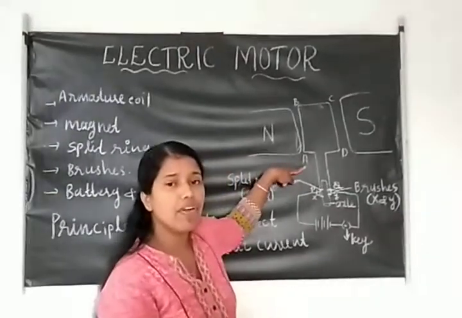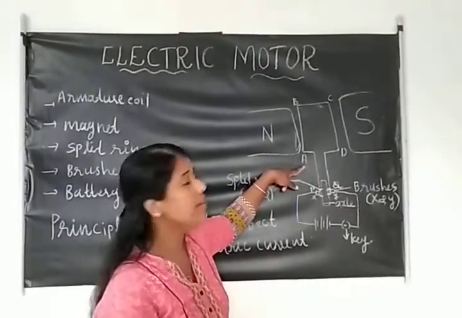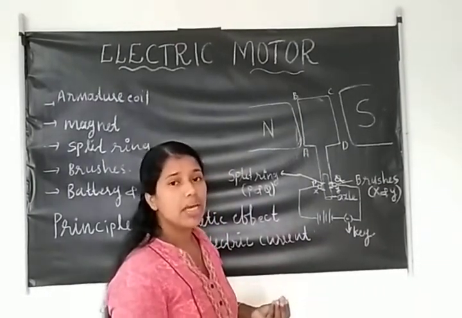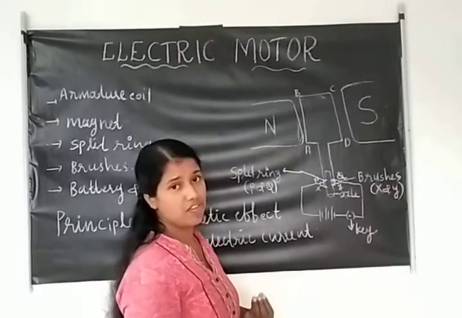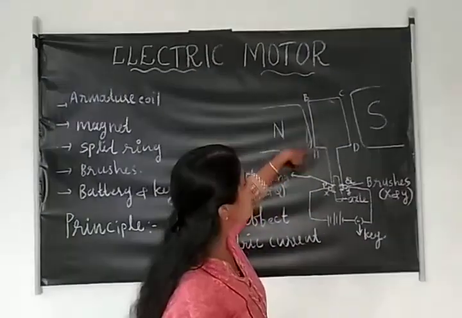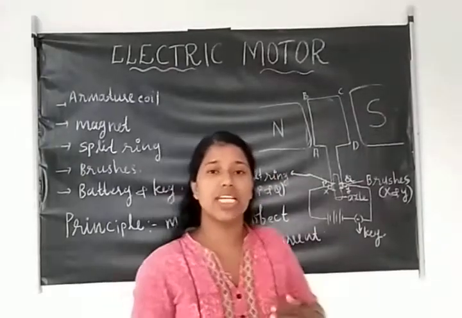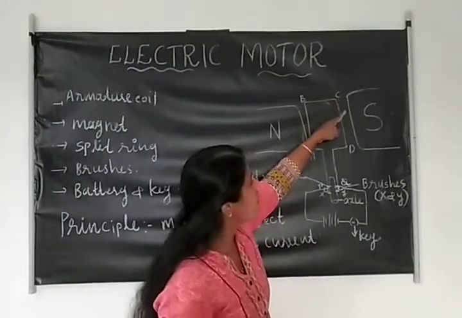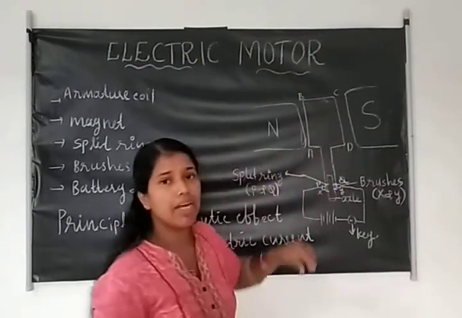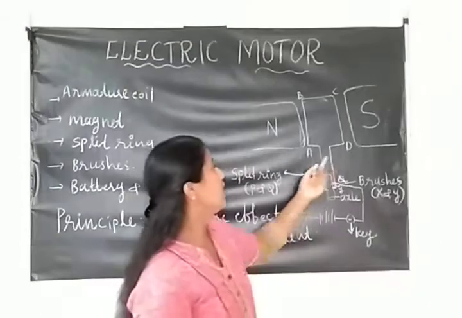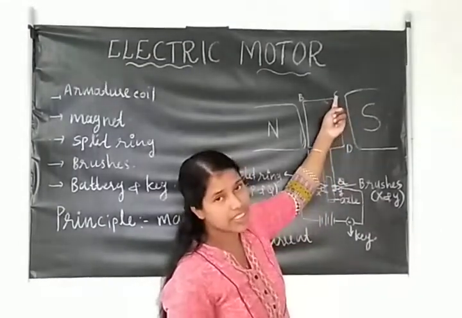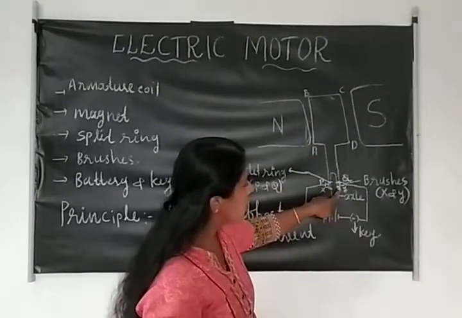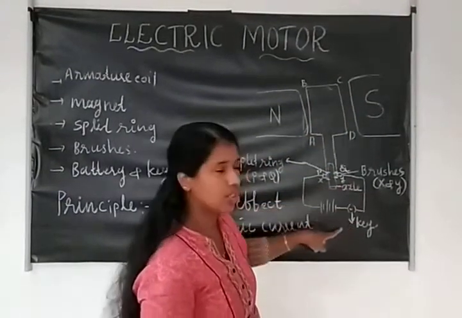According to Fleming's left hand rule, since the strong magnet is there, the conductor experiences a force. The current passes in direction AB, but the force direction is downwards. On side CD, the current direction is C to D, but the force direction is upwards.